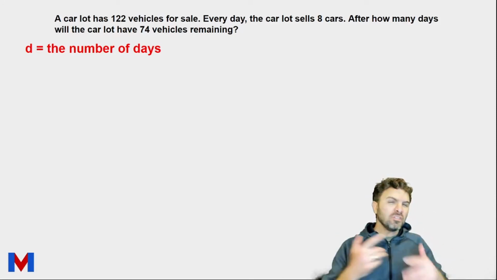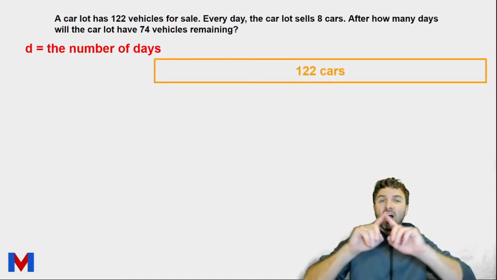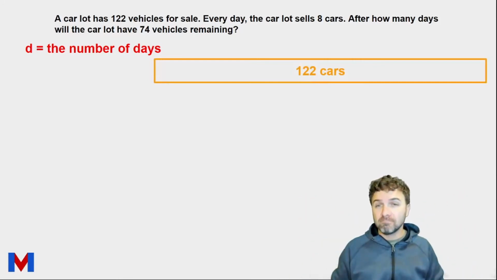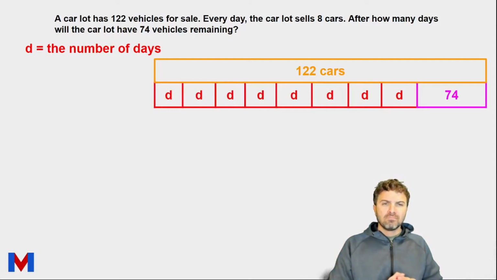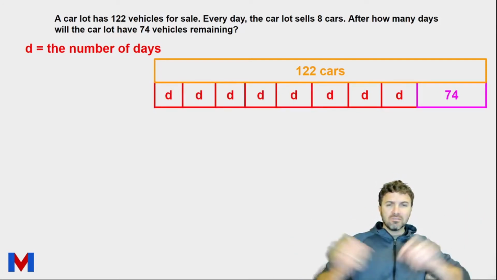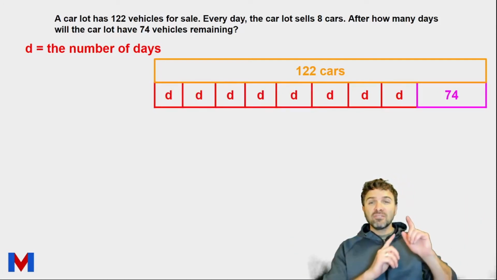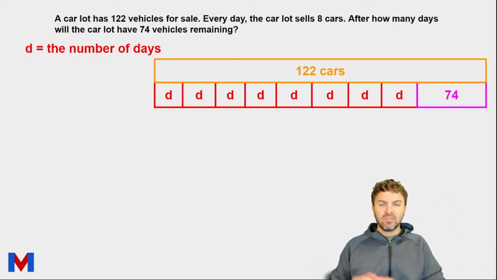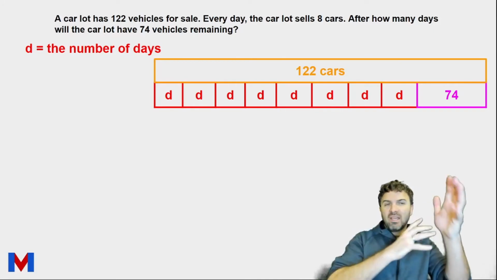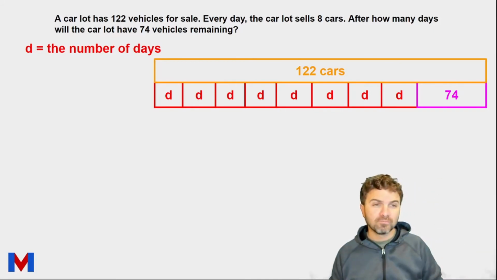Okay, so let's do a little model here. We know that we have 122 cars on this lot. We know that there's 8 cars per day, and we're trying to figure out when there are going to be 74 cars remaining. So how much do we have to take away in order to get to that 74?